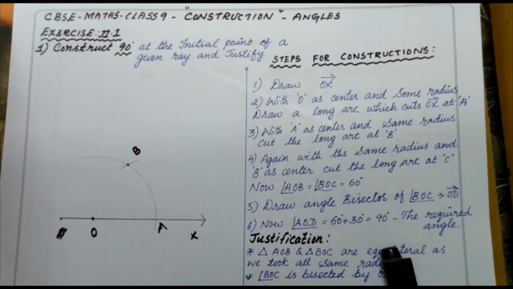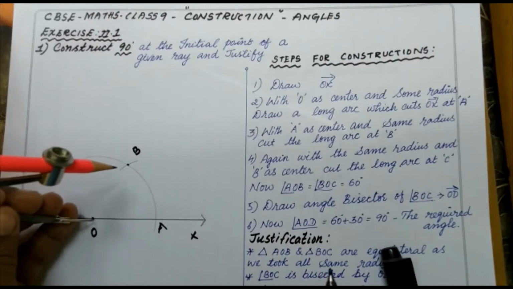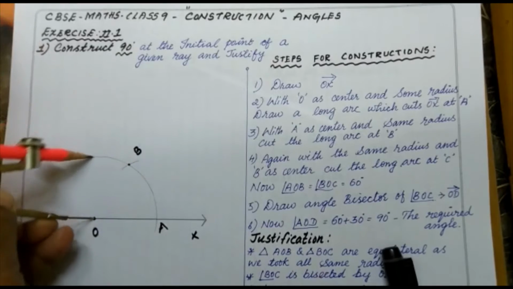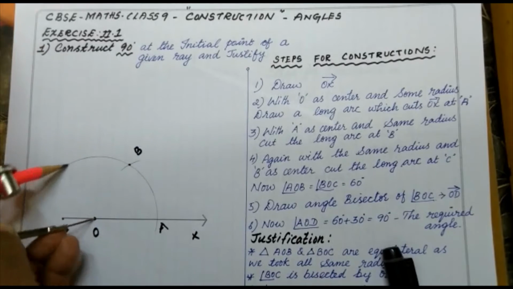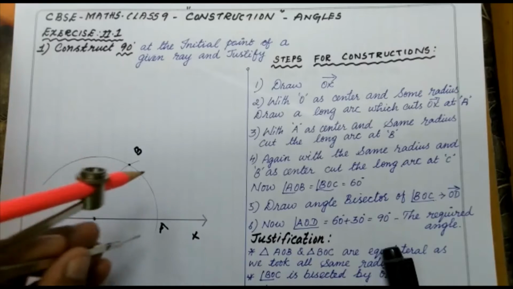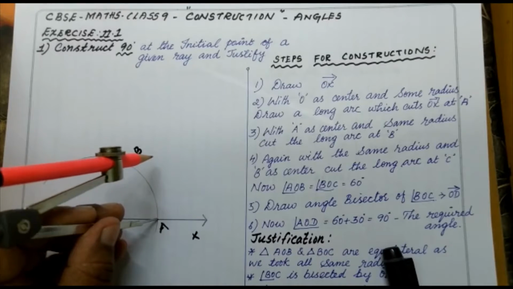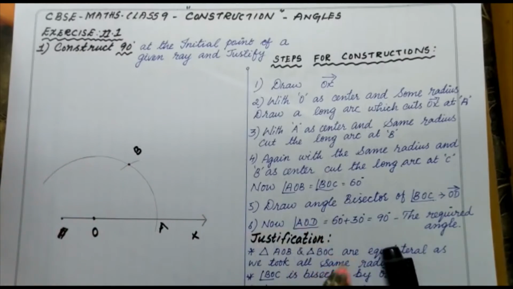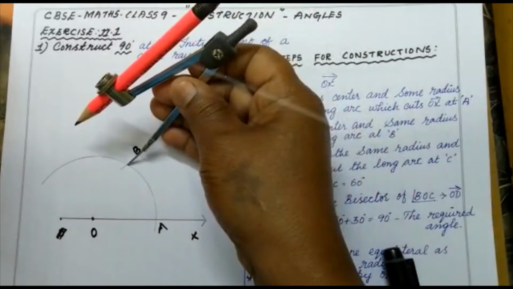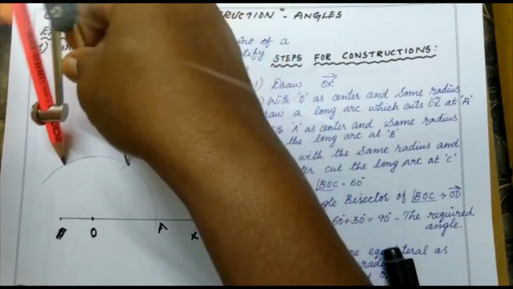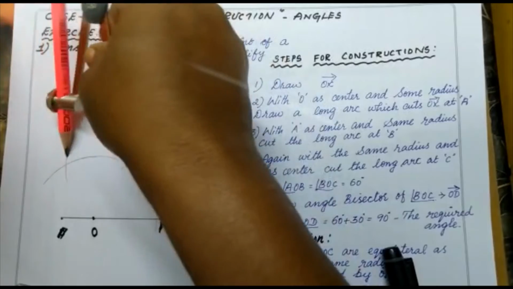This construction you already know. What I am going to do for 90 degree is draw the first arc, a little bit longer arc, so that from A, I will cut an arc and get B. Same way, from B and the same radius, don't change the radius, from B also, I am cutting one more arc.